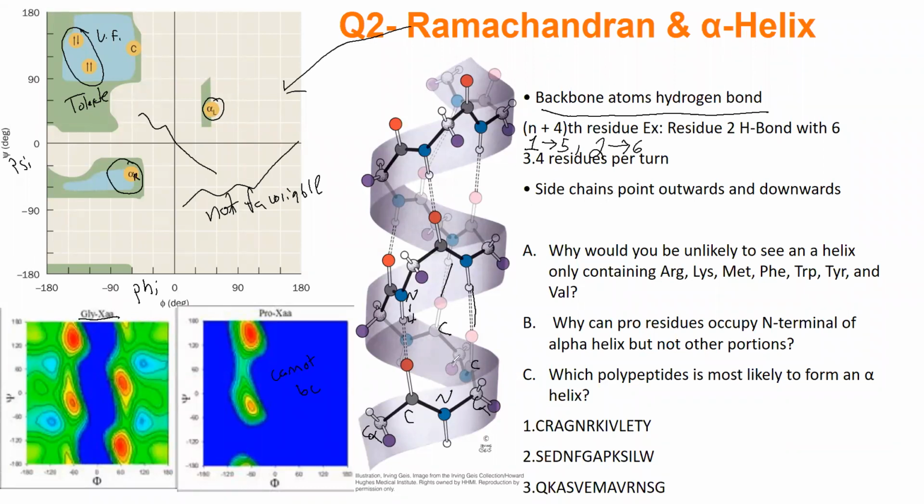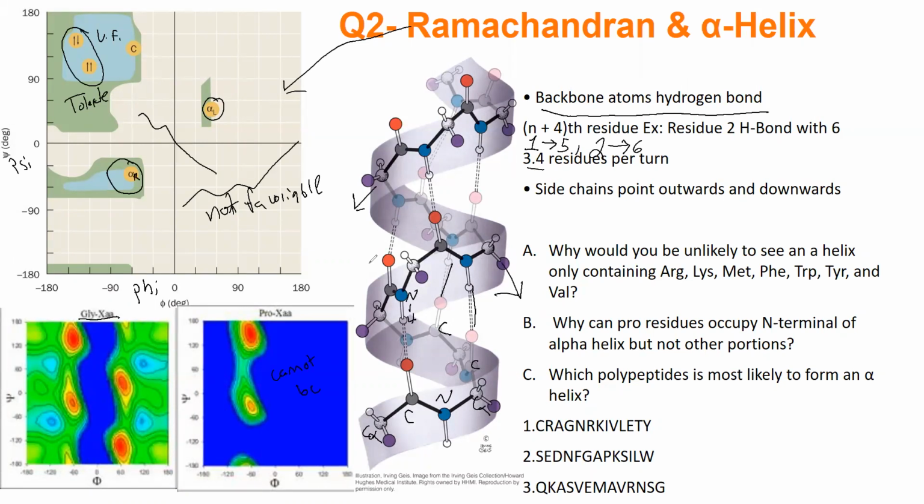One complete turn of the alpha helix is roughly 3.4 residues. So that's 360 degrees. The side chains of the alpha helix point down and away. They do not point to the inside. The inside is filled with backbone atoms. So side chains are down into the back.